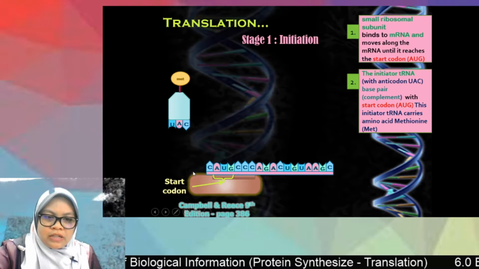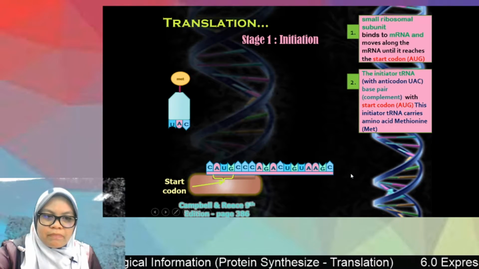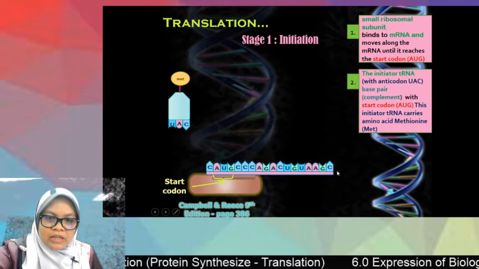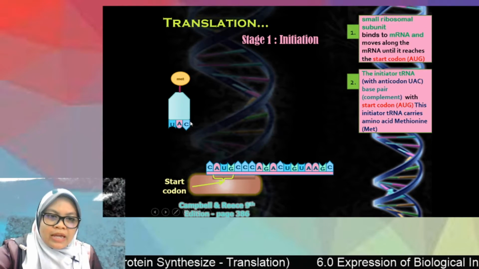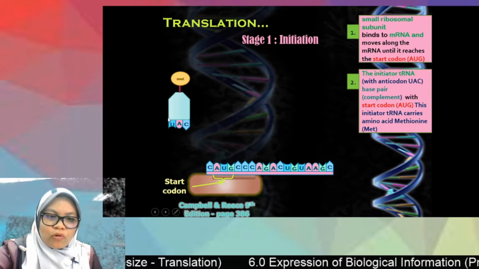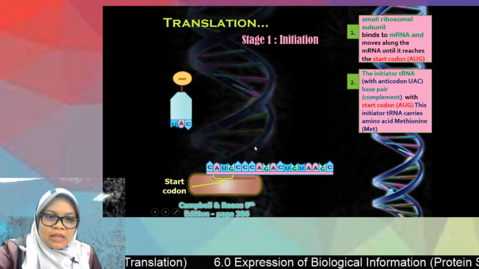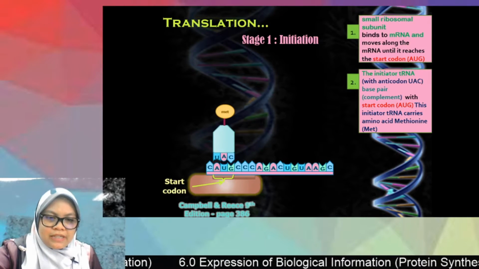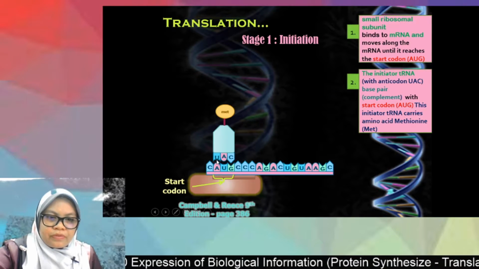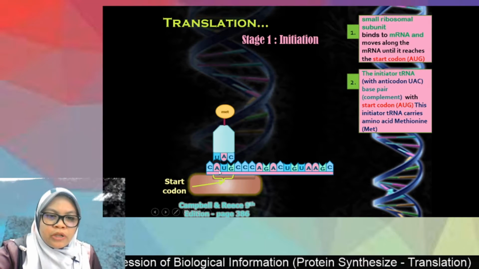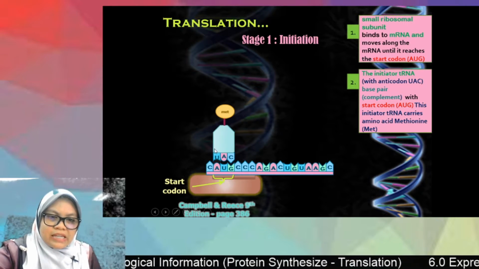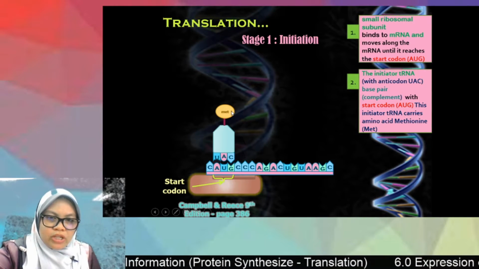Look here. This is 5 prime and this is 3 prime. This is called the codon because it is in mRNA, and this is the tRNA with the anticodon. They must be complementary: A pairs with U, U with A, G with C. This initiator tRNA carries methionine.